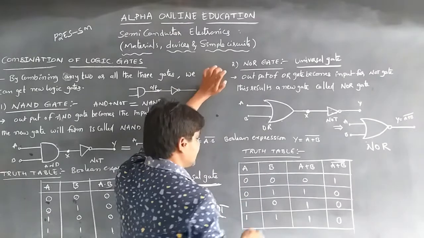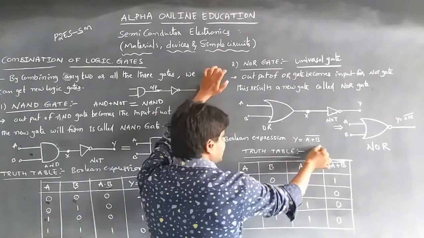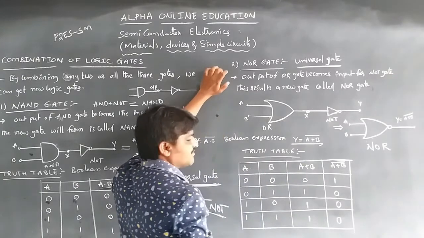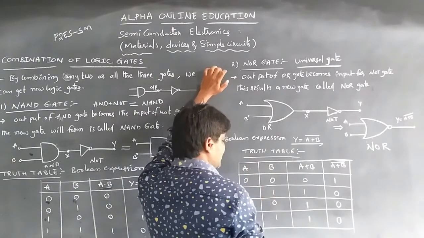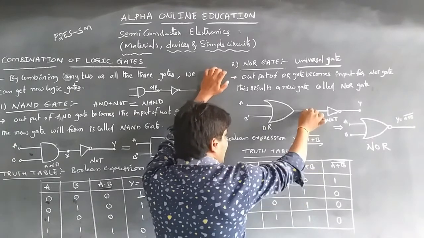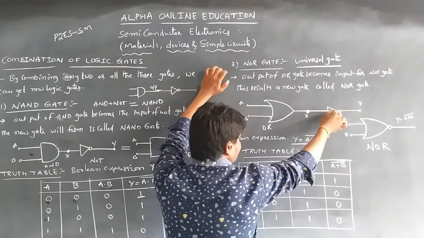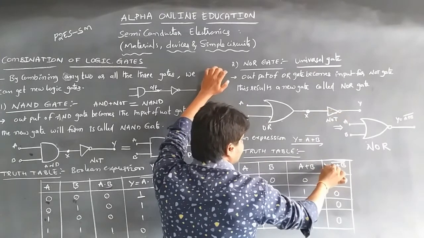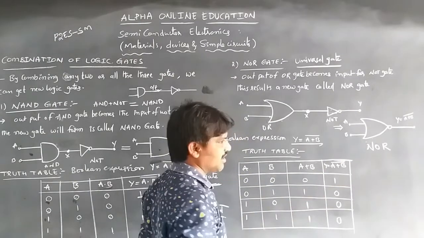Here is the Boolean expression for the NOR gate. A, B are the inputs, A plus B is the OR output, and when it is connected to the NOT gate, we get Y equals (A plus B) bar. The NOT gate is represented by the bar.